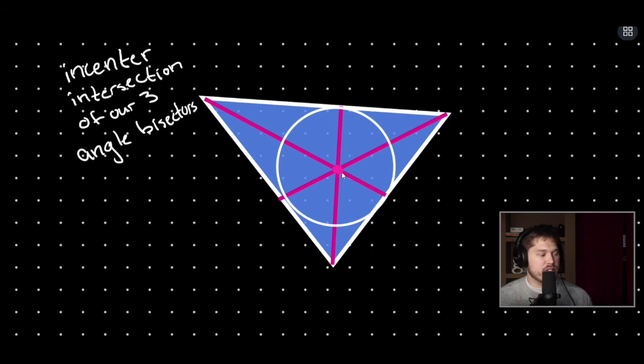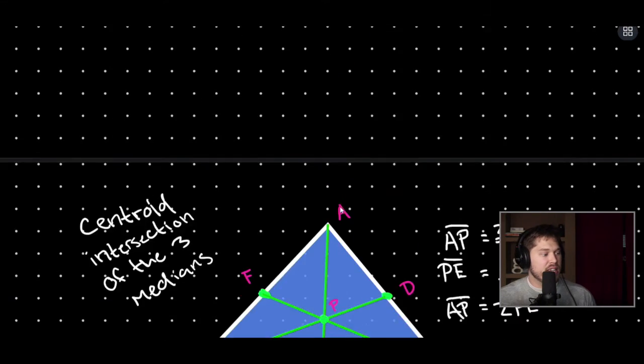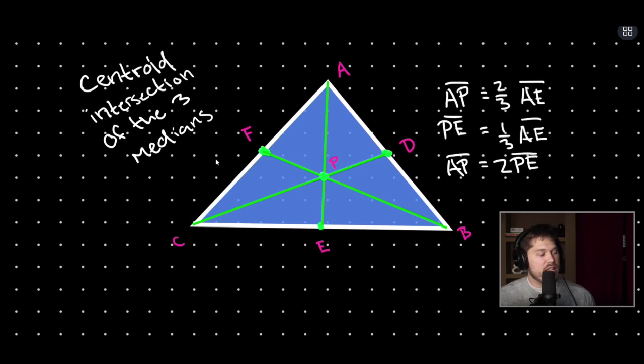We had our incenter, which was the intersection of our three angle bisectors. The unique thing about the incenter is that it's the center point of your inscribed circle, the circle on the inside. Next, we had our centroid, and our centroid is the intersection of our three medians. The medians go to the midpoints of each side of your triangle. However, we're not looking for it to be a perpendicular.